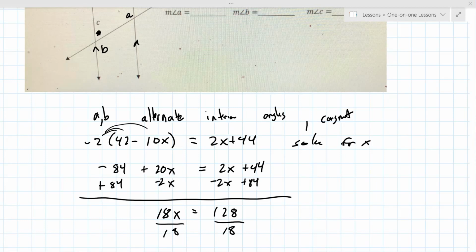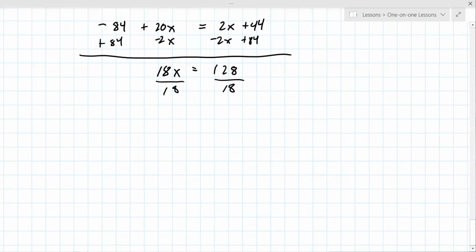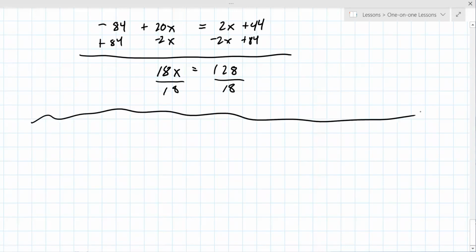Gosh, yeah, these instructors. Let's do this. It's possible that B is actually corresponding to A. Let's just go through that one, and that would do the same thing. I was thinking, well, maybe they add up to 180. So let's try that. Let's try 2x plus 44 plus -2 times (42 minus 10x) equals 180.